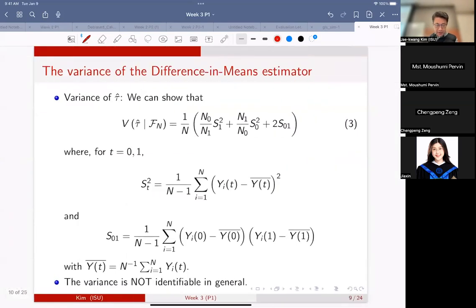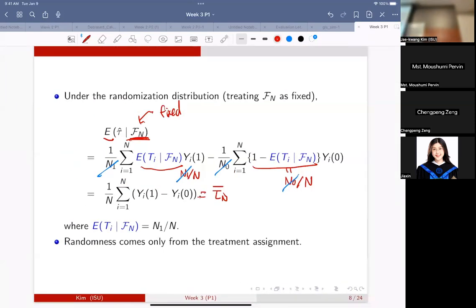But how can we justify the calculation? If we treat the Ti as random, we have the potential outcomes, but we only observe just one.